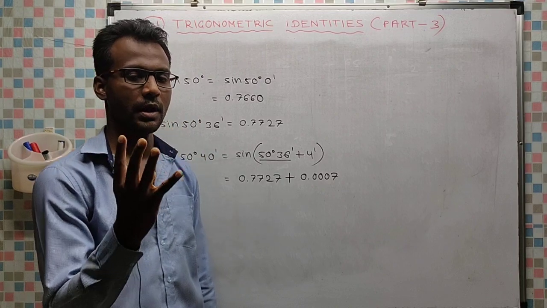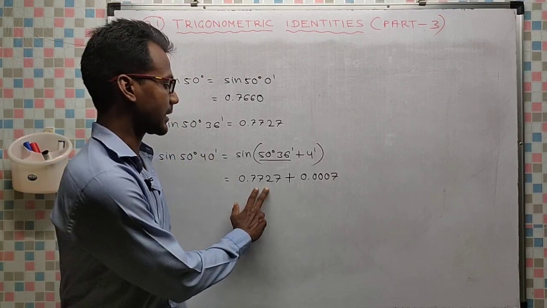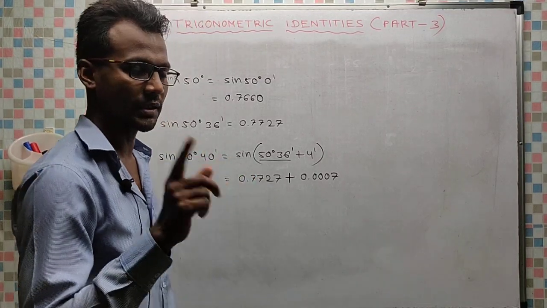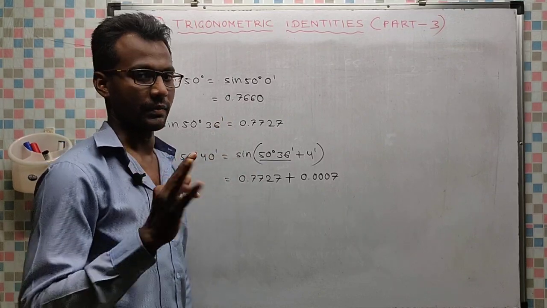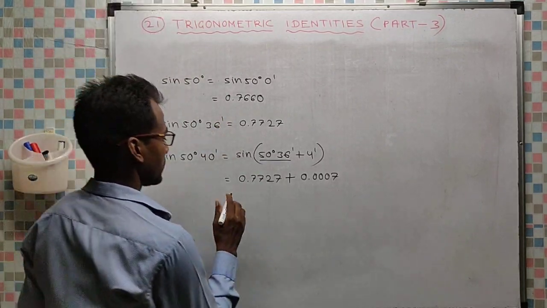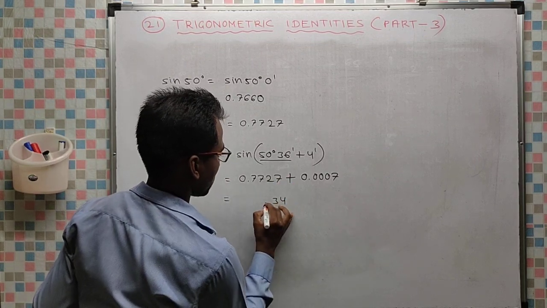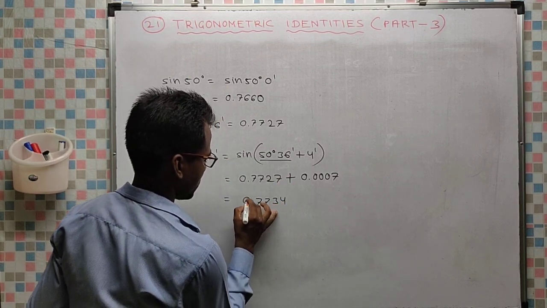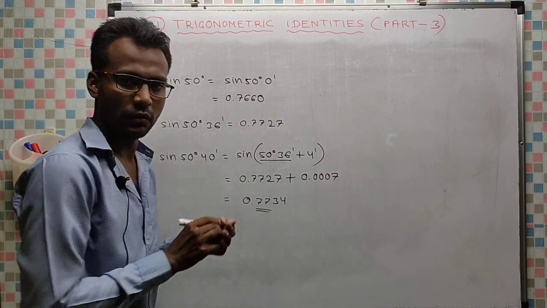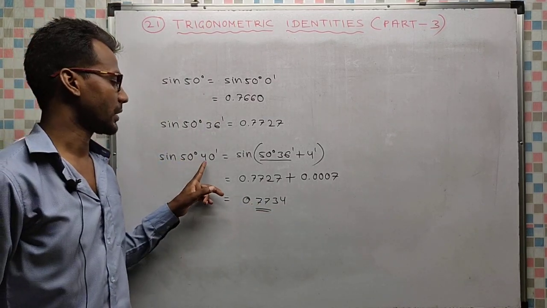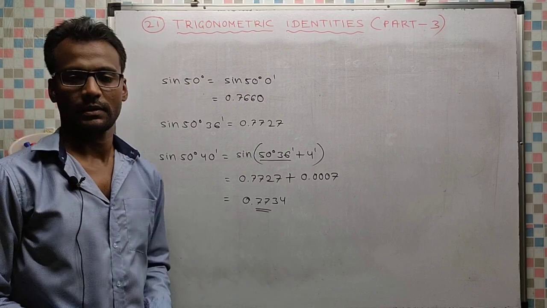So 7 is not 7, it is 0.0007. If you add these two, 0.7727 and 0.0007, you will get 0.7734. So this is the value of sine 50 degree and 40 minutes, 0.7734.